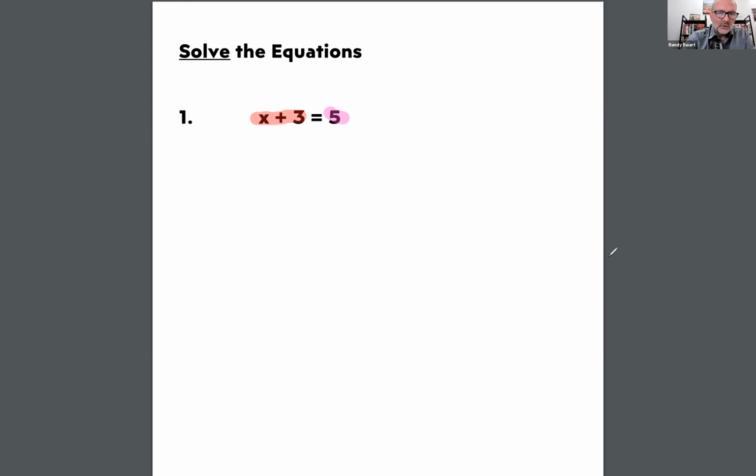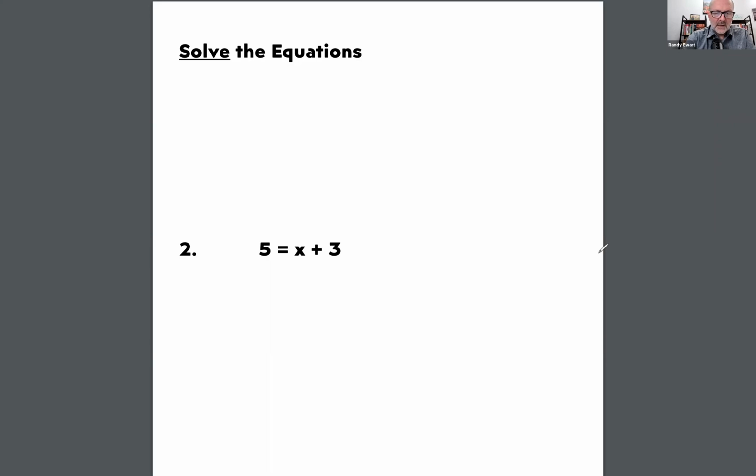So I need to do -3, but I have to do the same thing to both sides of the seesaw. Now x plus 3 minus 3 becomes 0, and x plus 0 is just x. And on the other side, 5 minus 3 is 2. Boom, I'm done. There's my solution. I have solved this equation. Let's look at some more examples.